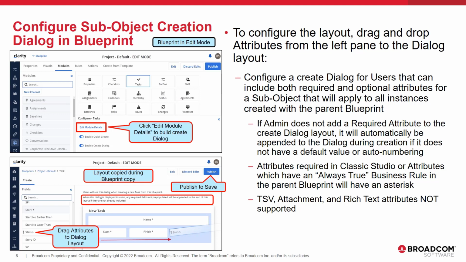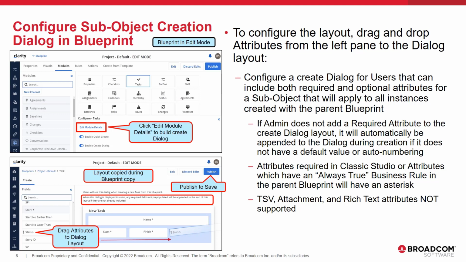Except while you're in the sub-object configuration screen, you would click on the Edit Module Details button, which would take you to the bottom screenshot, which is the place where you would define the layout for the creation experience for the users. On the left pane, you can see all of the attributes listed for the task, and all you need to do is drag and drop them into the right side of the screen to add them to the layout.